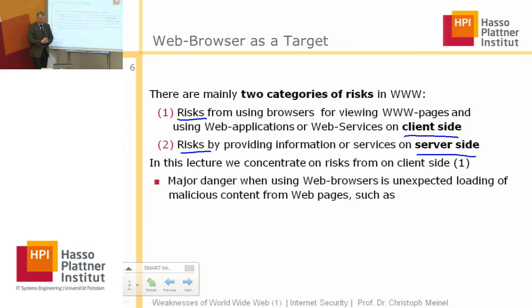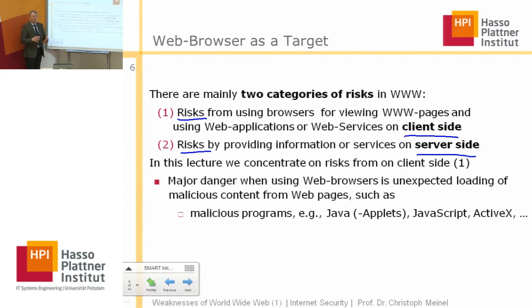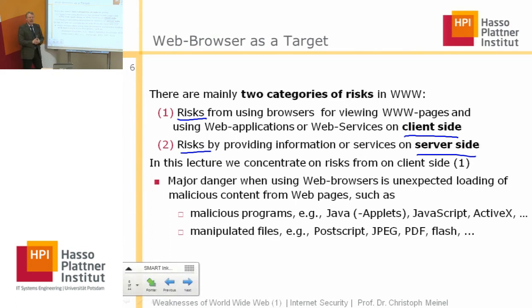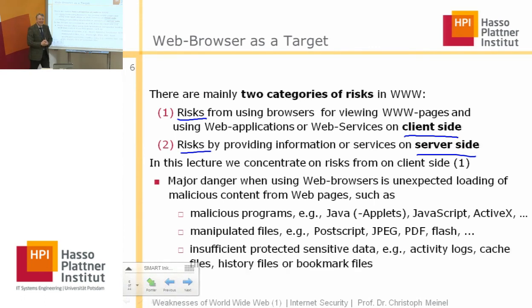The major danger when using web browsers is the unexpected loading of malicious content from web pages, such as malicious programs, for example, Java applets, JavaScript, ActiveX, from loading manipulated files, for example, PDF, JPEG, Flash, or others, by insufficiently protected sensitive data, for example, the activity logs or the cache of a browser or the history files or bookmark files.